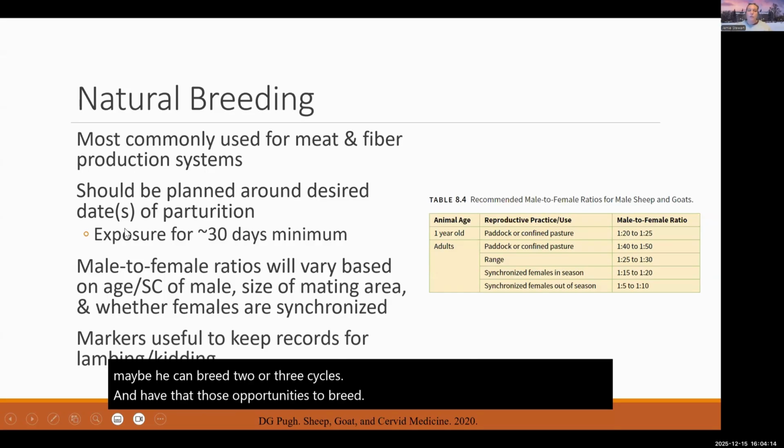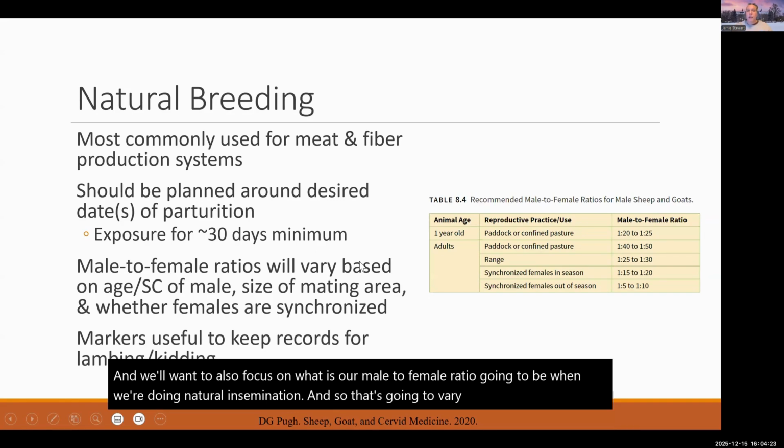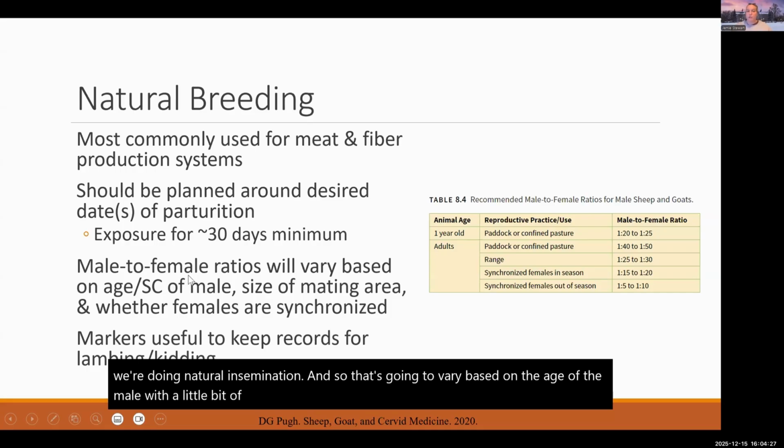We'll also want to focus on what our male to female ratio is going to be when we're doing natural insemination. That's going to vary based on the age of the male, with a little bit of emphasis on his scrotal circumference, the size of our mating area, and whether or not we're synchronizing the females.